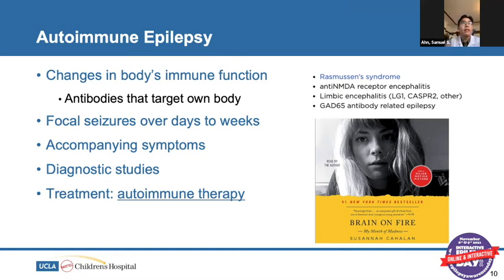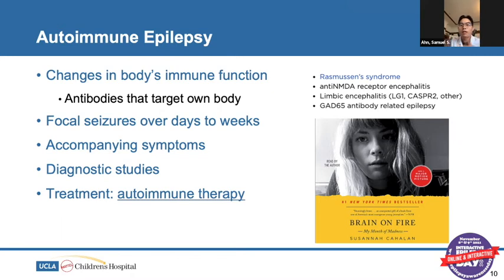And this is a consequence of the body's immune functioning creating antibodies, which usually combat infections or foreign invaders into our bodies. These antibodies are developed within our bodies that then erroneously target our brain or other parts of our body. This then causes inflammation and damage to various organs, including the brain, that then results in seizures.